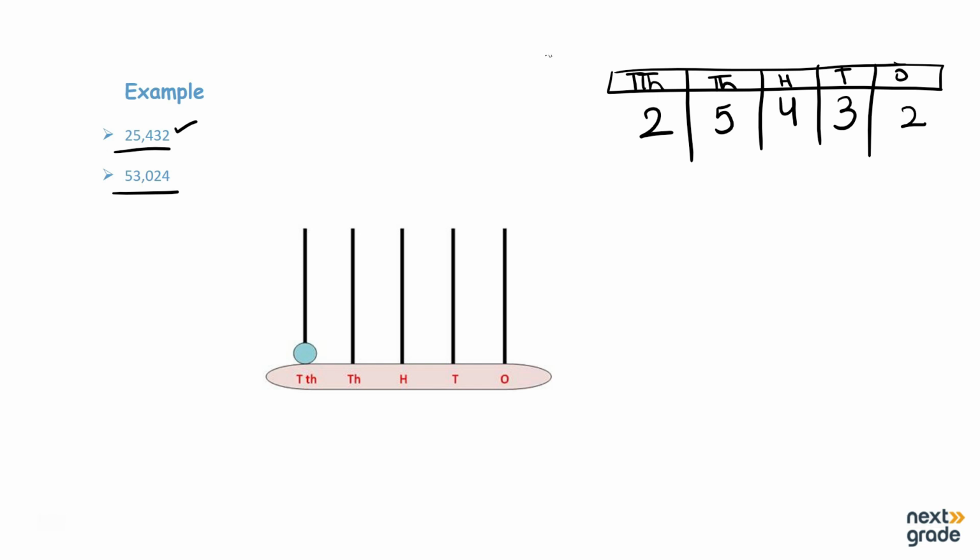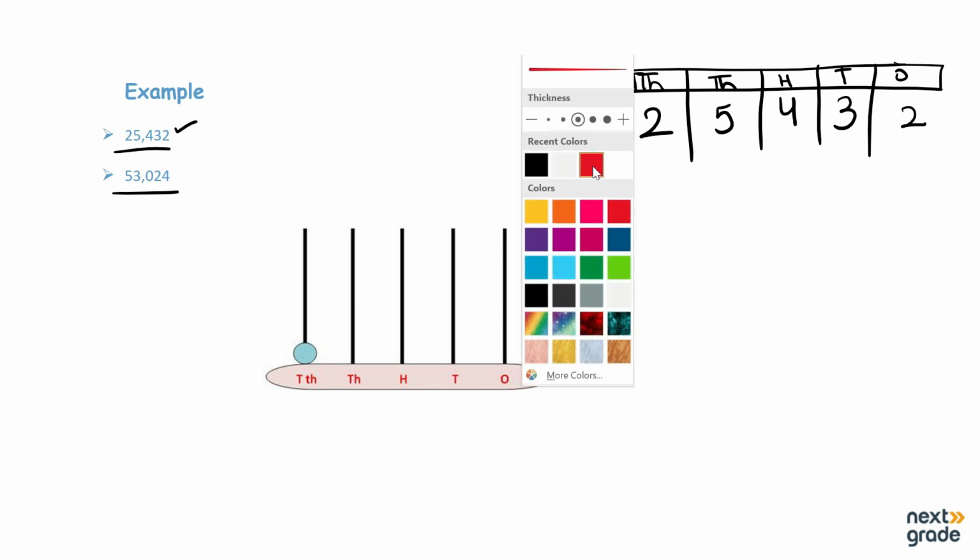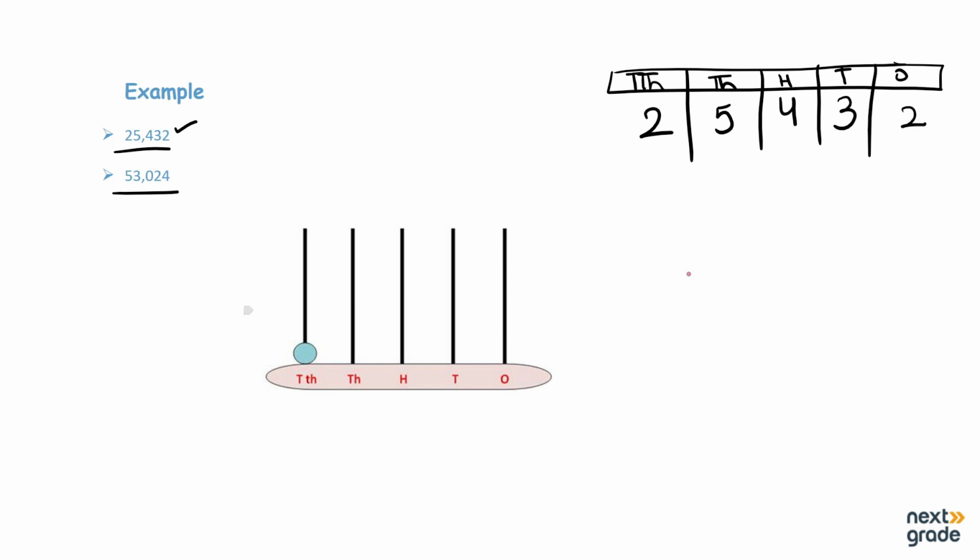So now the question comes: if I want to add the beads over here, how many beads will I add at the place value of ones? That is 2 beads. So I draw 2 beads over here.